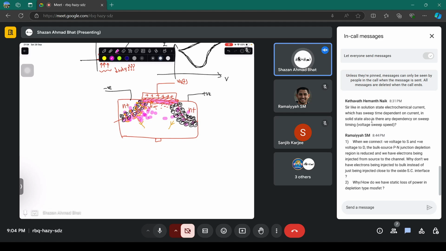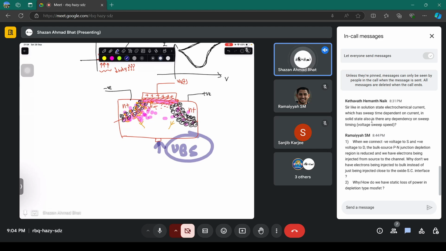It's not usually good. That is why sometimes we also apply the bias here, something called body voltage. Body voltage you apply sometimes to repel those electrons back to the channel. Even if some electrons go towards the body, you apply such voltage at the body that they get repelled again towards the surface and stay near the channel. That is the thing used in the devices right now.